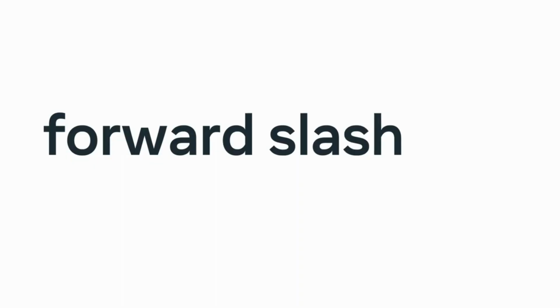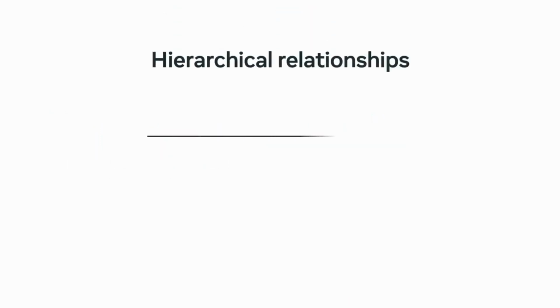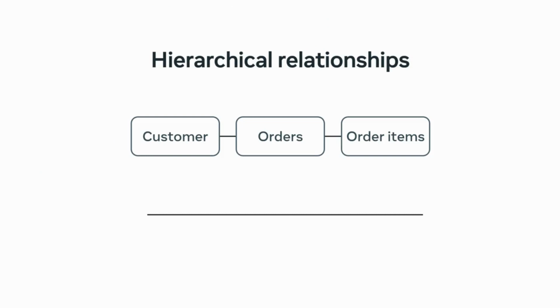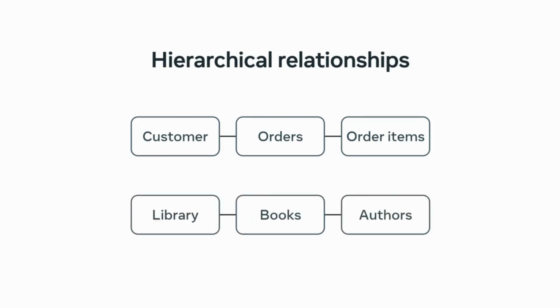If your project has related objects, you should use forward slashes in your API URIs to indicate their hierarchical relationship. An example of such a hierarchy is a customer can have orders with order items in a restaurant API project. Another example is a library can have books with authors. So to get the author of a particular book, you can use the API endpoint library/books/{bookId}/author.